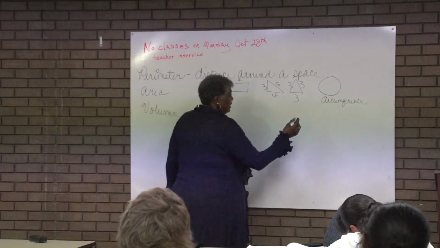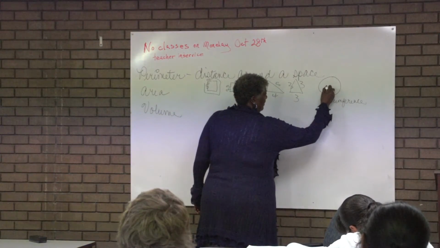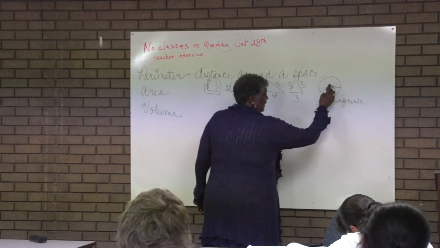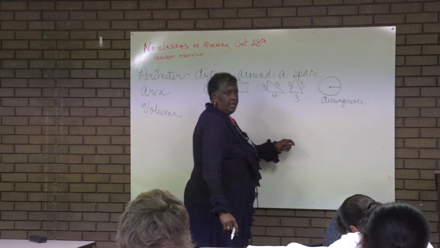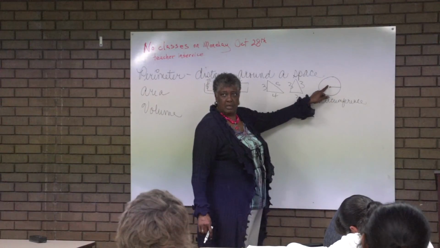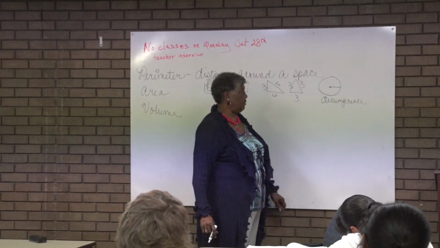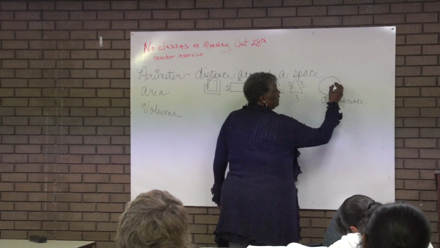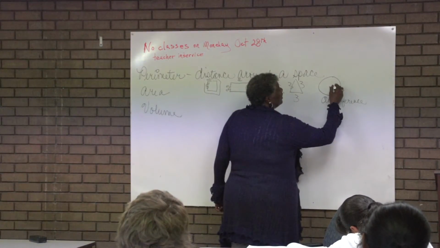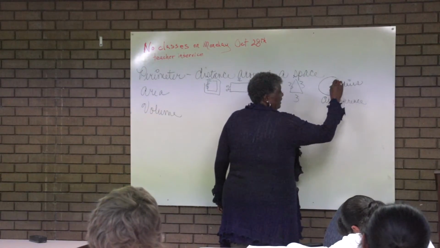Okay? Circles have two other things you have to know about. Any line that starts at the center and touches one side of a circle is called a, anyone know? Radius. You need to know that.